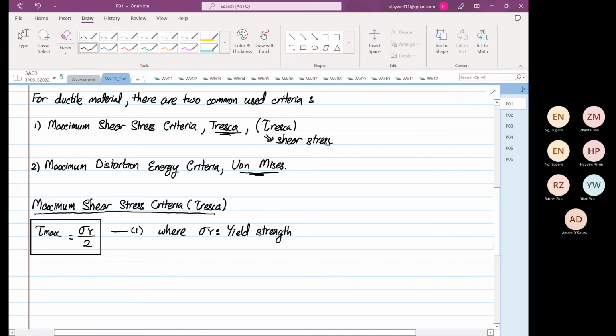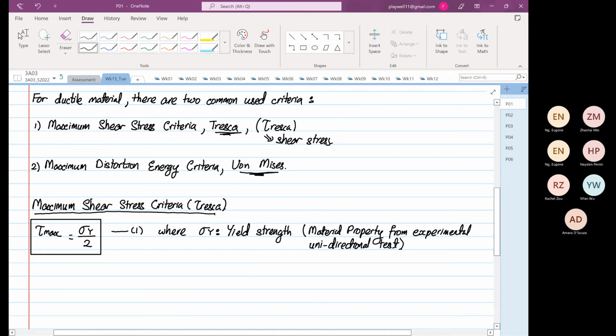As we already know, this is a material property from an experimental unidirectional test, so it's a material behavior.